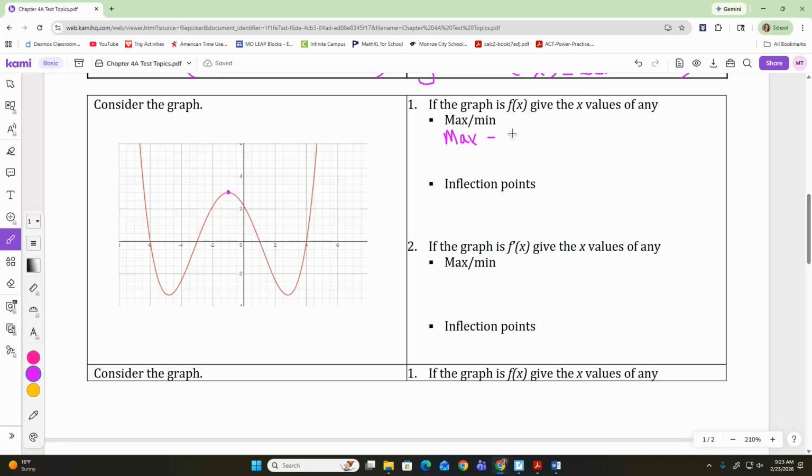Yep, and I only asked for the x values, so if you gave me the ordered pair, I certainly would not count off, but you only have to tell me the x. Are there any other maxes? No, that's it. So my mins, where do we have minimums on this graph?